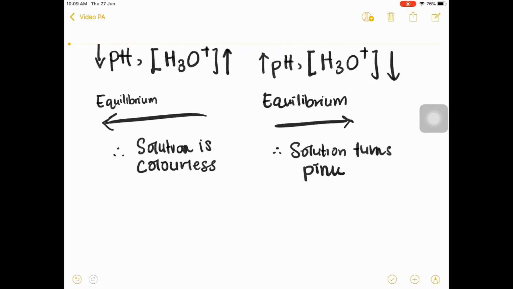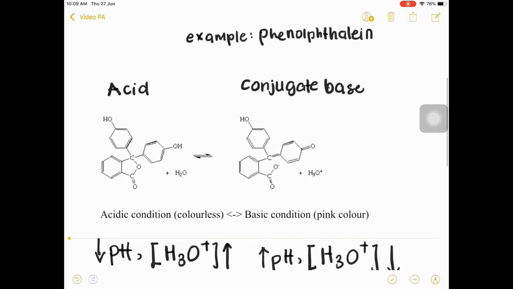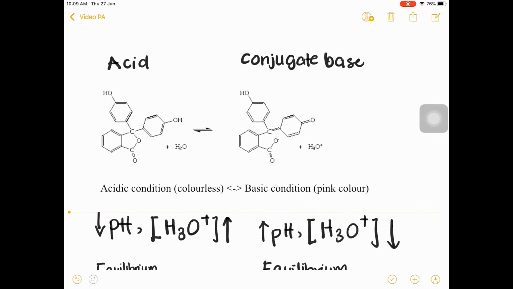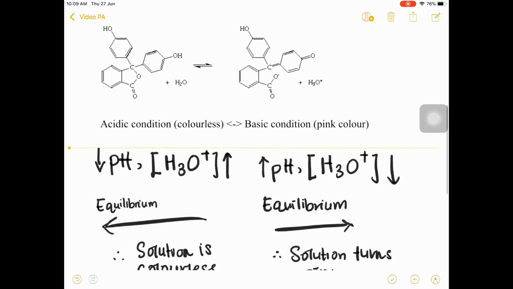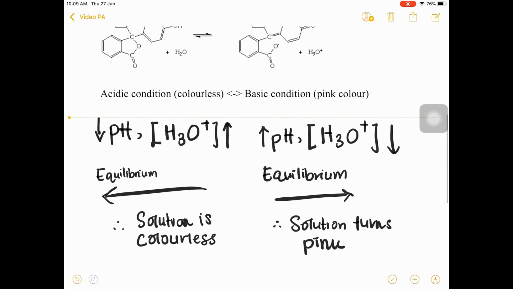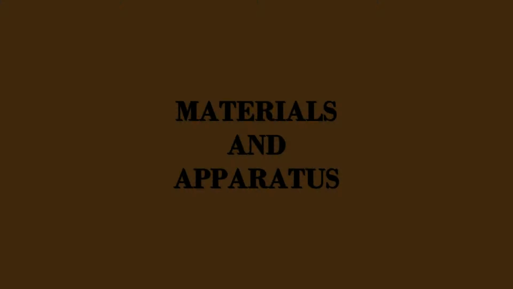Before, the solution is colorless because there are very few pink anions, and hence it appears colorless.